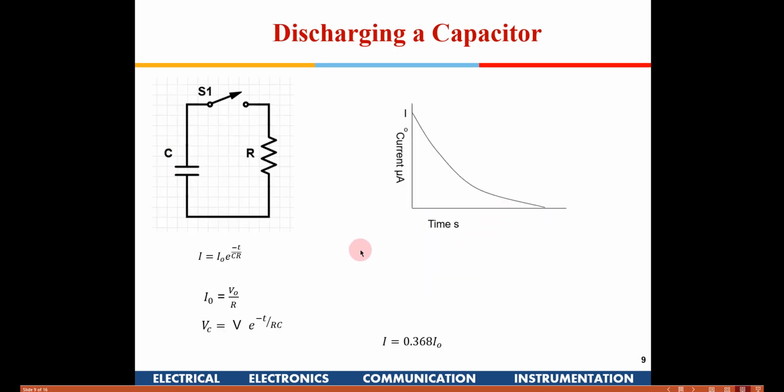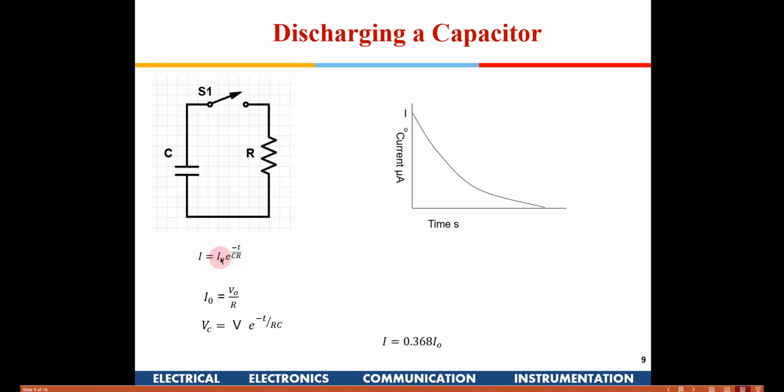Once the capacitor is charged, if I switch it over and connect a resistor, whatever charge is stored in the capacitor gets dissipated in R, in the resistance. Now the current will again exponentially fall down to 0.